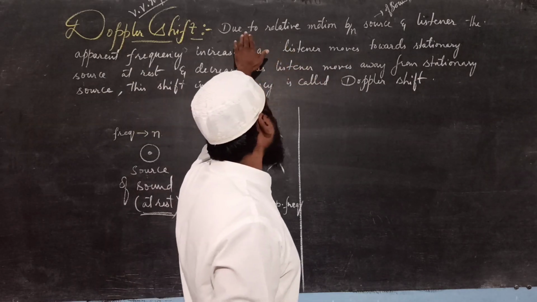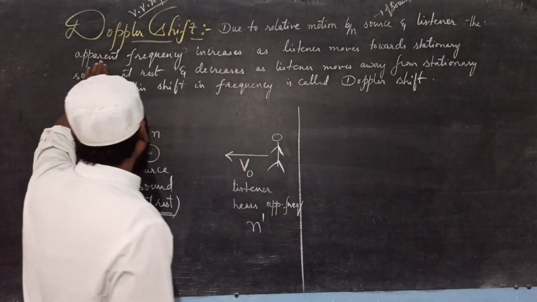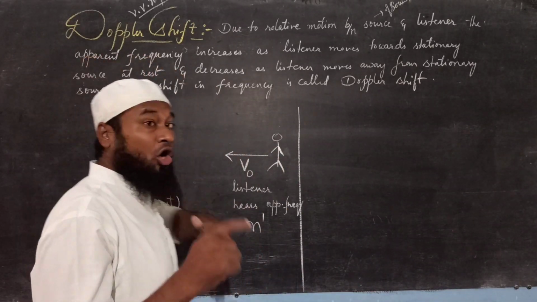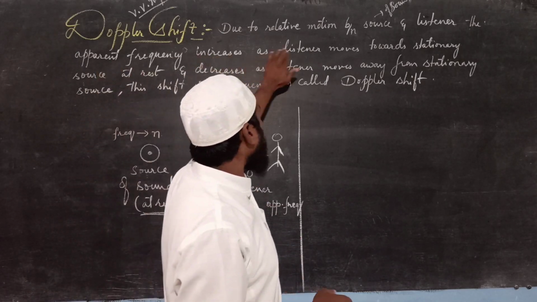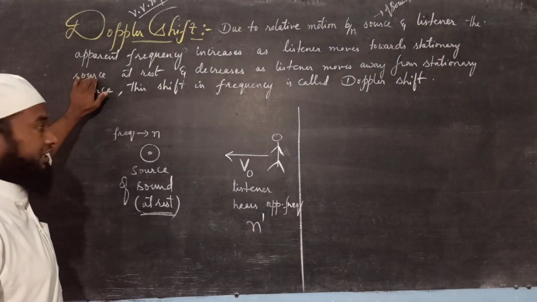Due to relative motion between the source of sound and the listener, the apparent frequency, not the real one, I told you what we mean by apparent, increases as the listener moves towards the stationary source at rest.